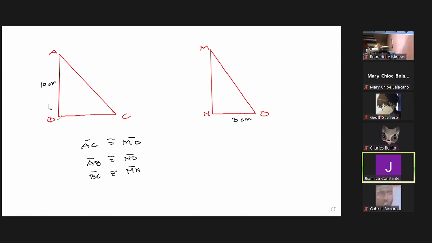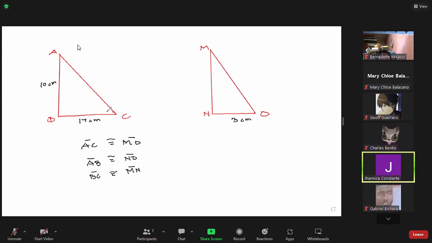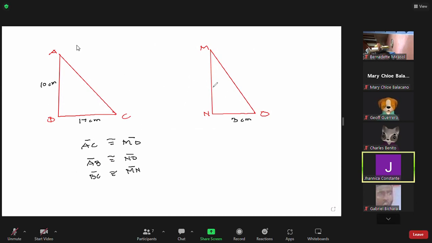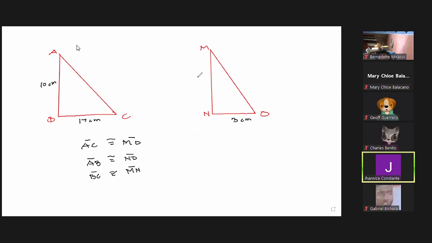Side BC measures 17 centimeters. Side MN measures 5.1 centimeters.